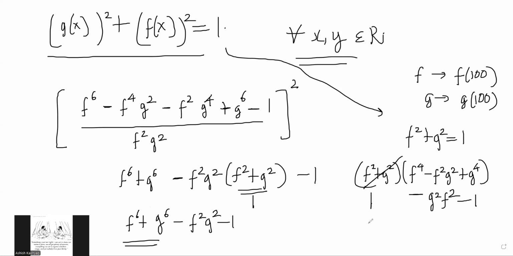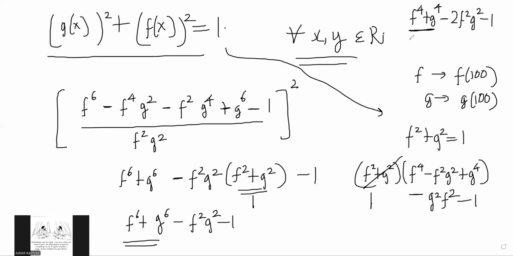Again, this is going to become 1, and you are going to end up with basically f power 4 plus g power 4 minus f square g square minus 1.